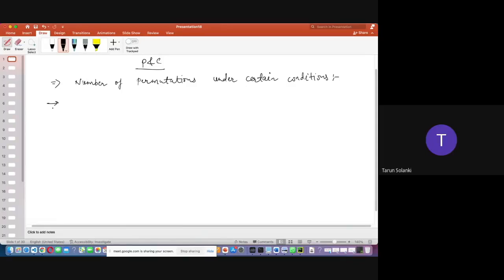So the number of permutations of n different things taken all together when r particular things are to be placed at some r given places, the number of permutations will become (n minus r)P(n minus r), that is (n minus r) factorial.